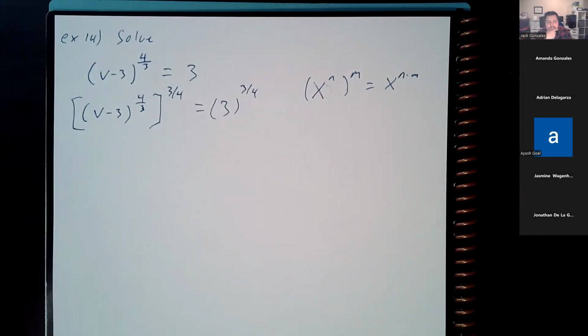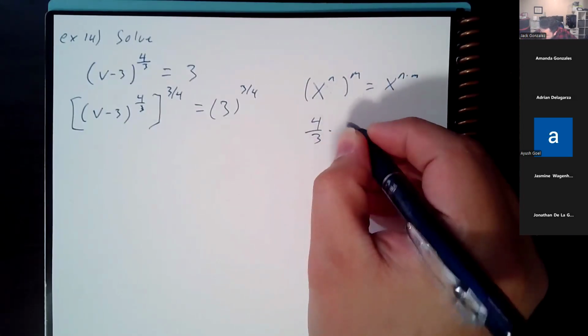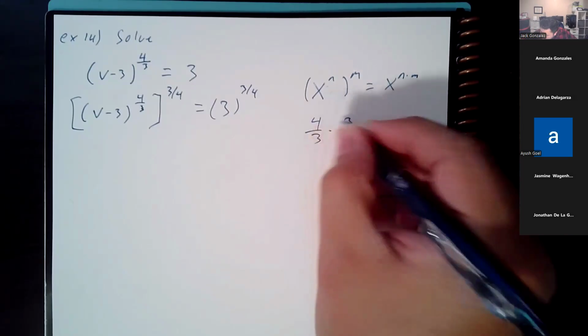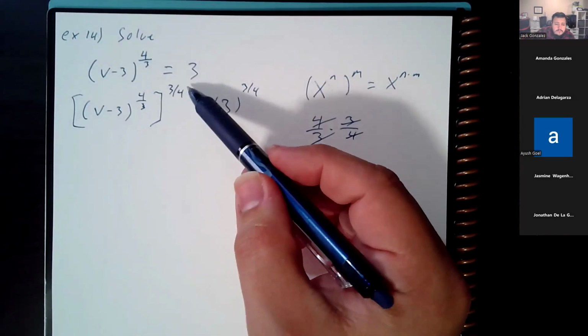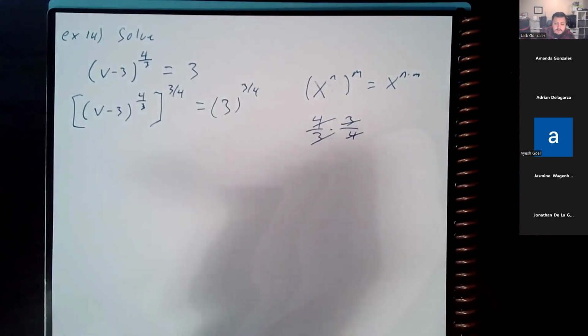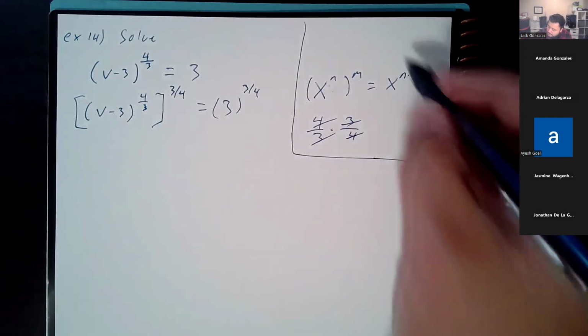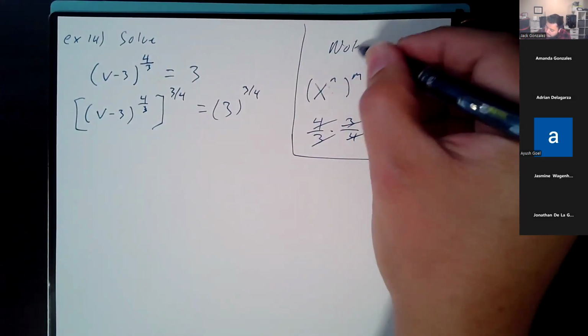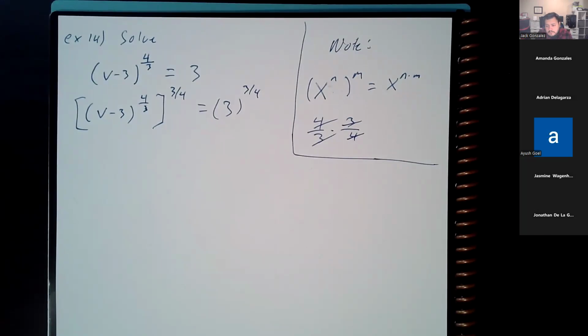So if I want to cancel a fraction, do you agree that if I multiply these, they will cancel? So hence why I chose 3/4 on both sides. So these will be gone.